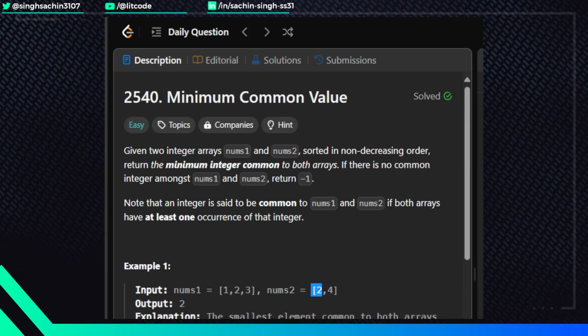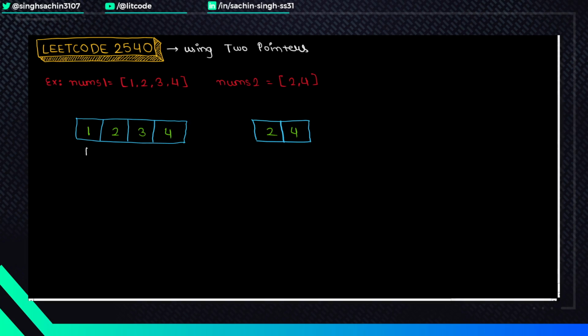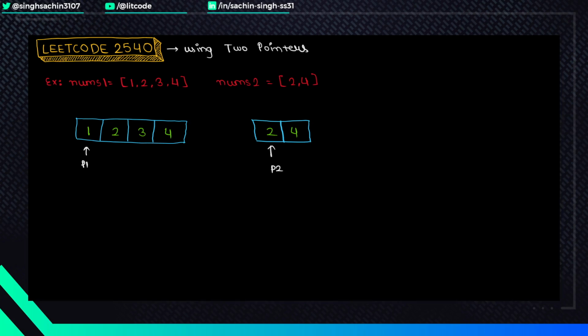So we can simply solve this problem using a two pointer approach. Basically we'll start with our pointers at the 0 index of both arrays. This is p1, this is p2.